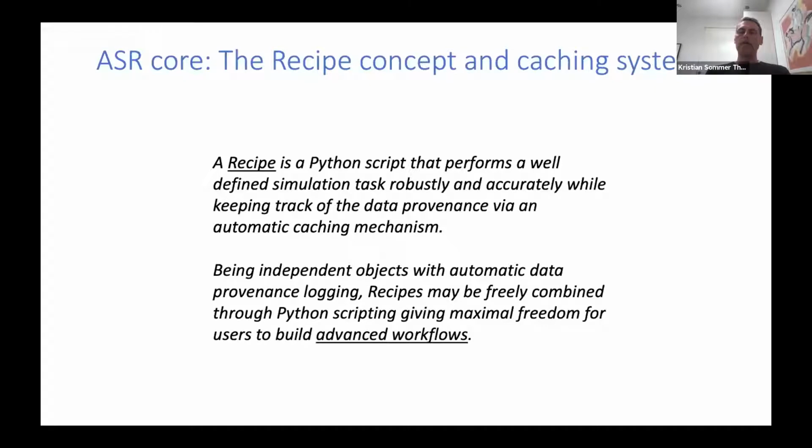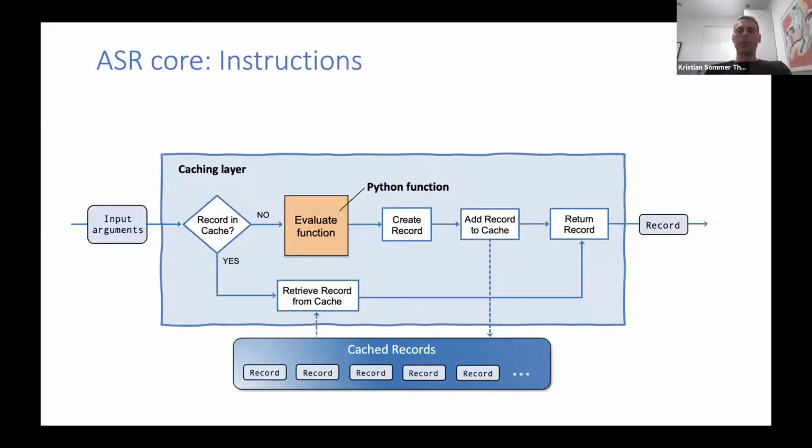But if you use Python scripting, it means that you can put them together as building blocks, and that makes for a very modular framework for setting up workflows. And these workflows can be as advanced as you like, because this is all done in Python. So you have all the flexibility of Python when you create workflows.